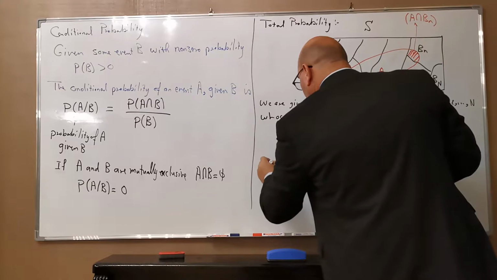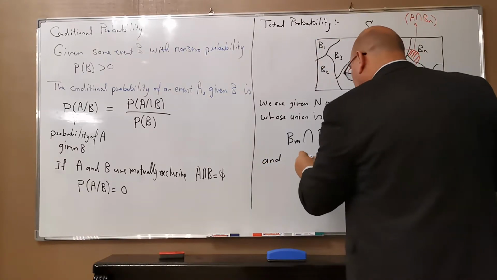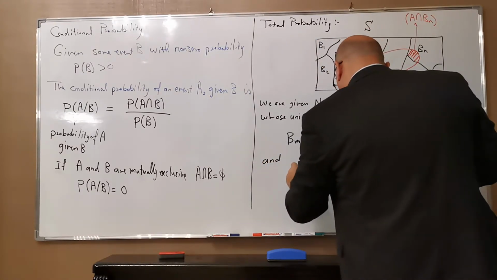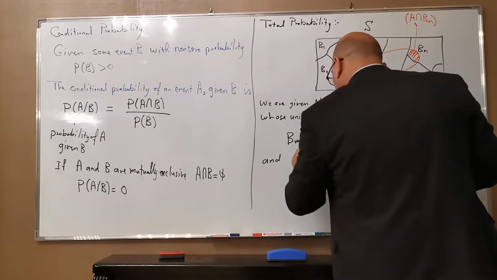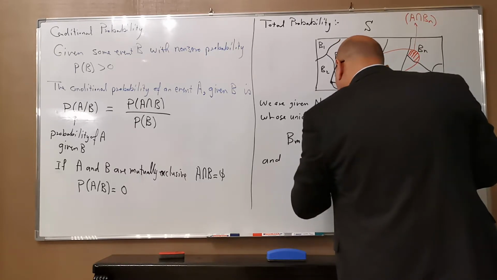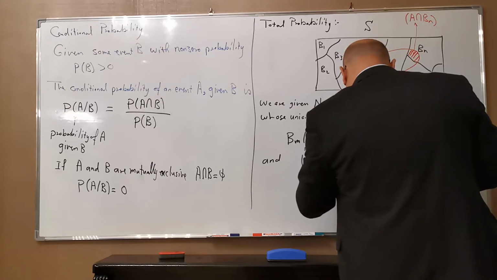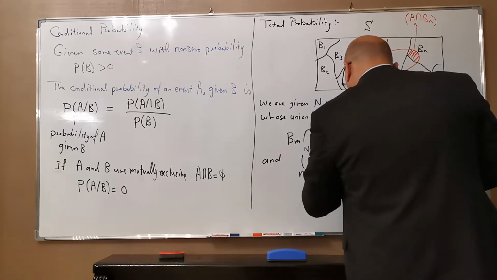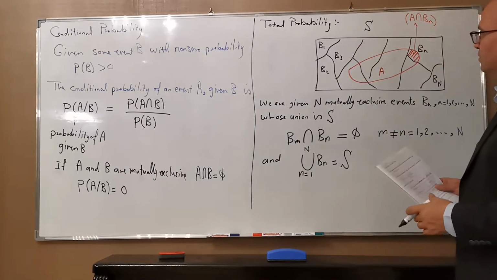And the other thing is that their union from n equals 1 up to capital N of B sub n is equal to S. Okay?